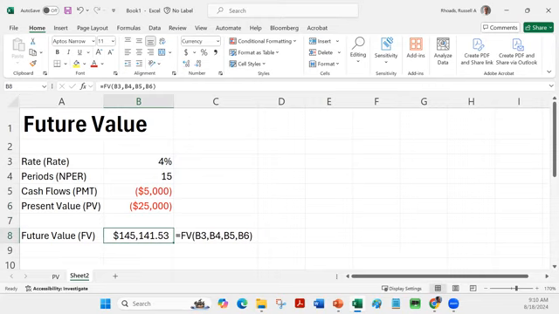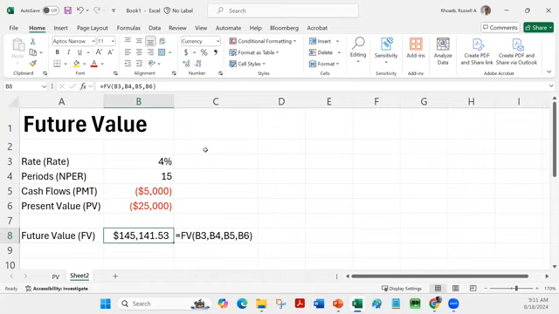In this case, we start out, we deposit $25,000, and then we are depositing $5,000 a year for 15 years. Those deposits, combined with the interest that we are earning, will result in a future value of $145,141.53.